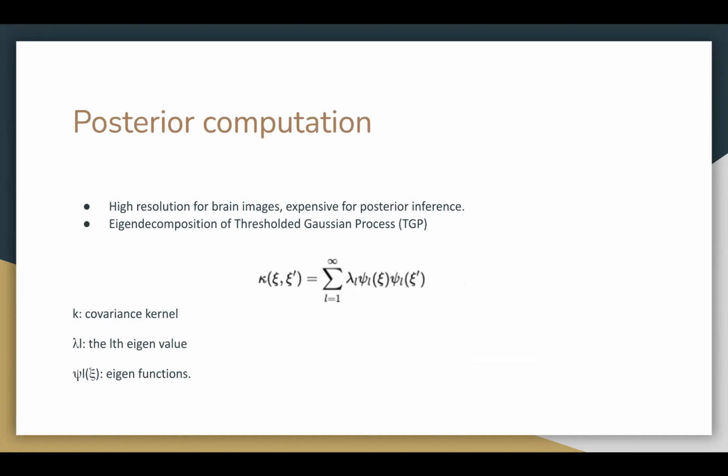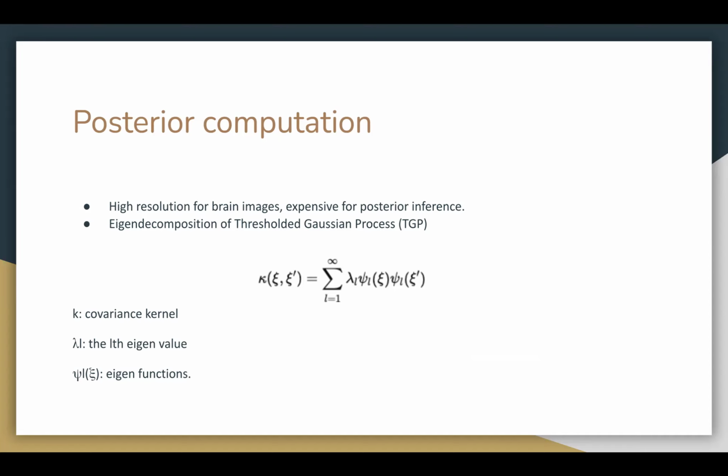For their posterior computation, I just included how they solve the most difficult part. Each of the Sj we consider as a latent function, which is theoretically infinite. If you want to sample from a Gaussian process of it, it will be very difficult and computationally expensive. So what they do is an eigen decomposition to represent the latent function simply.